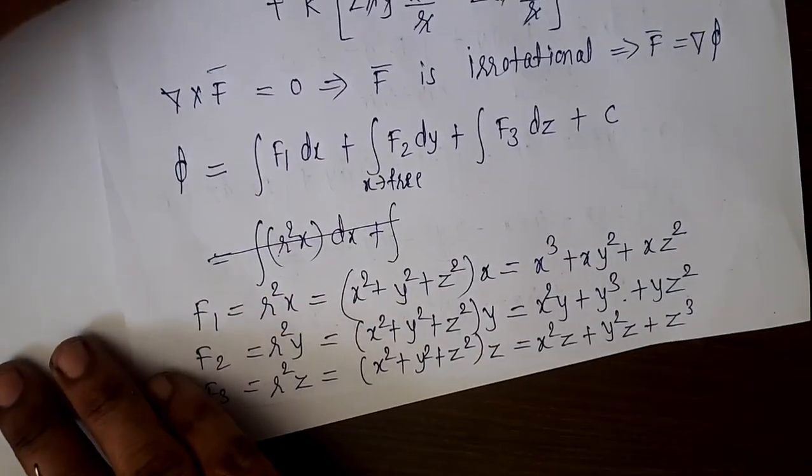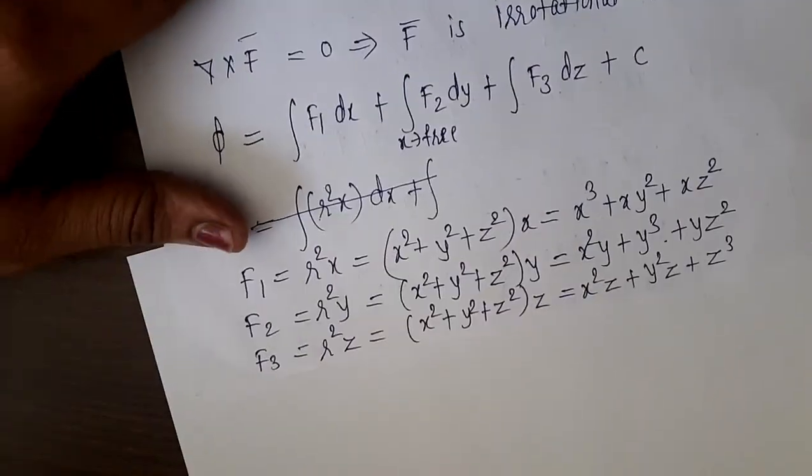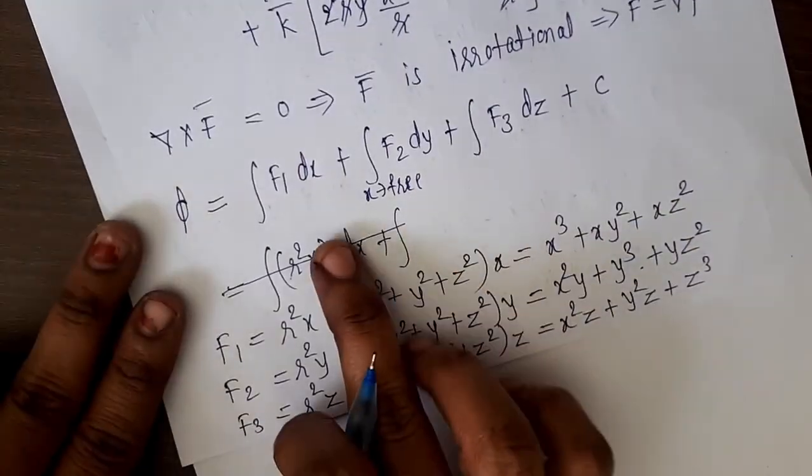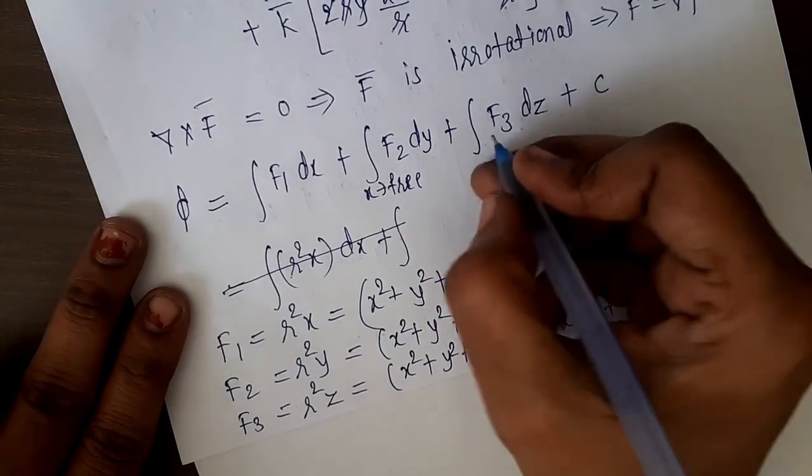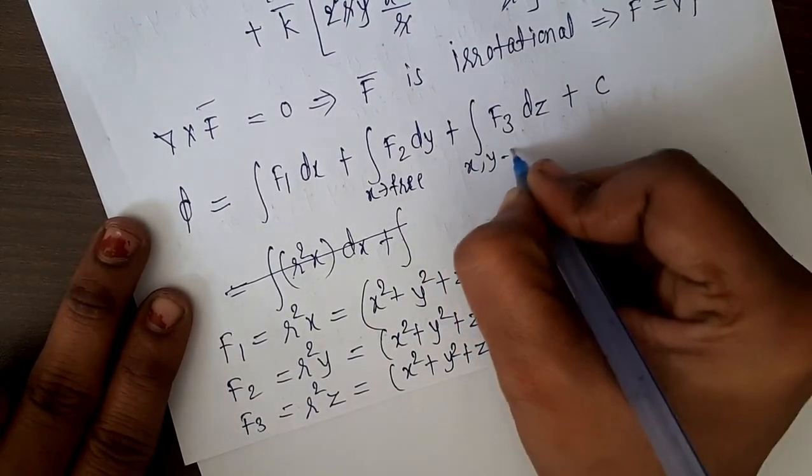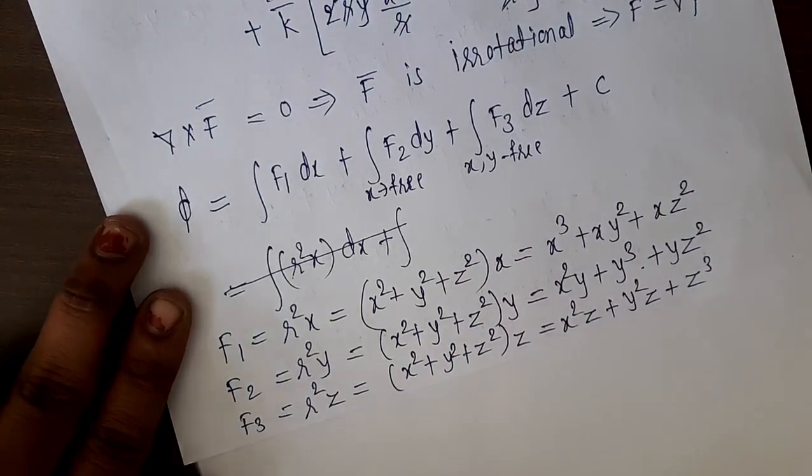Now we want to choose F1, F2 and F3 in such a way that in F1 we write all the terms, F2 is free from x, and in F3 it must be free from x and y. So we follow this.